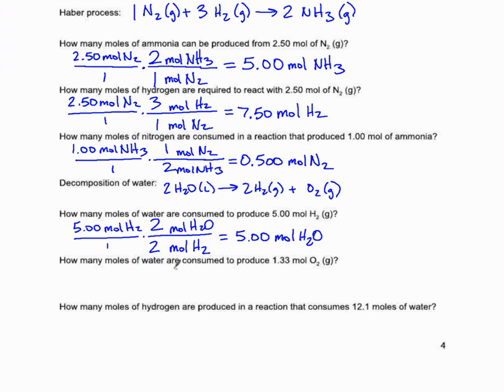Next up, how many moles of water are consumed? How much reactant was required to produce 1.33 moles of oxygen gas? And this number, this moles of oxygen gas, is our starting point. Moles of oxygen will go on the bottom of the mole ratio, and moles of water will go on top.